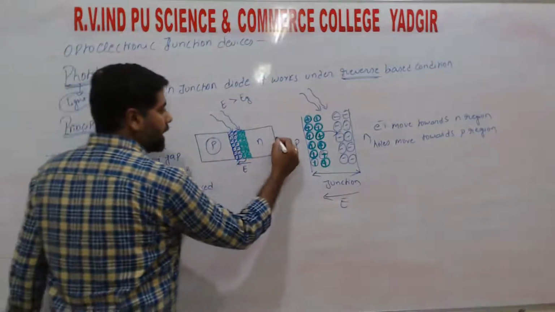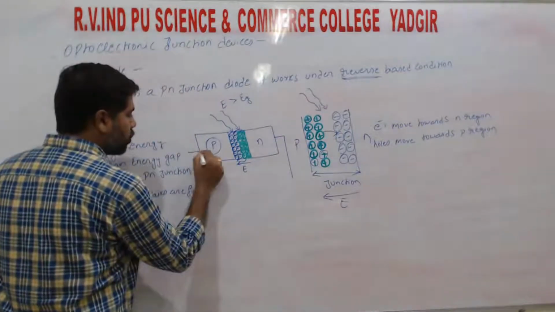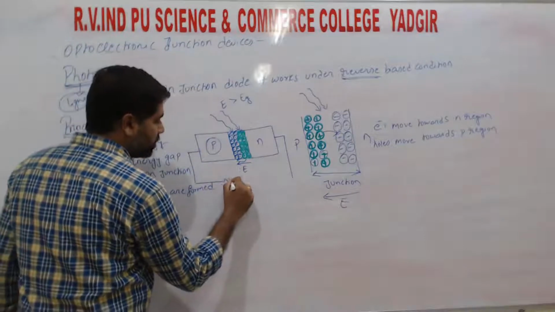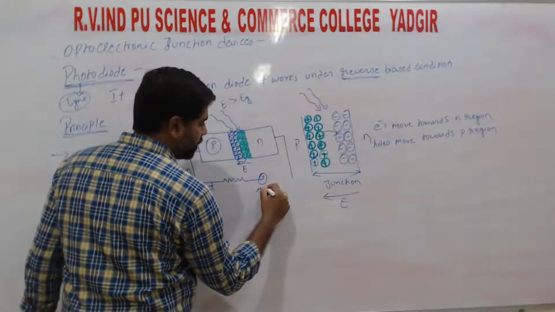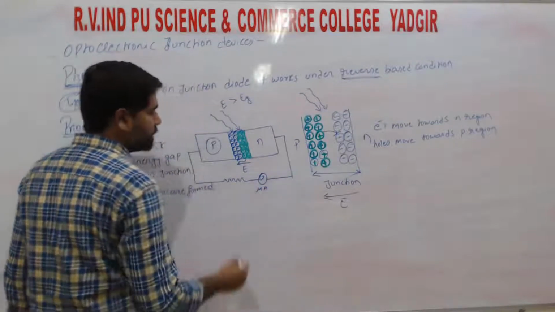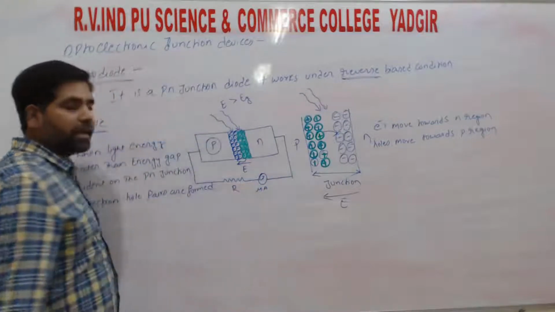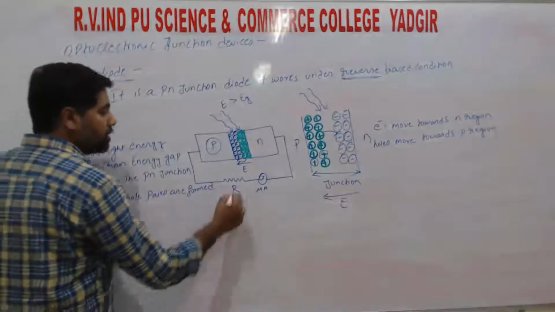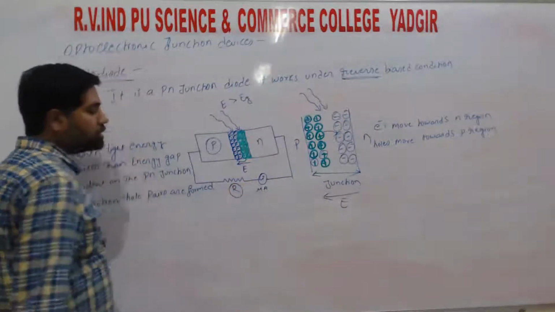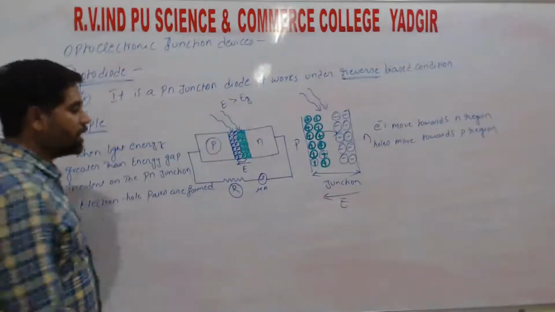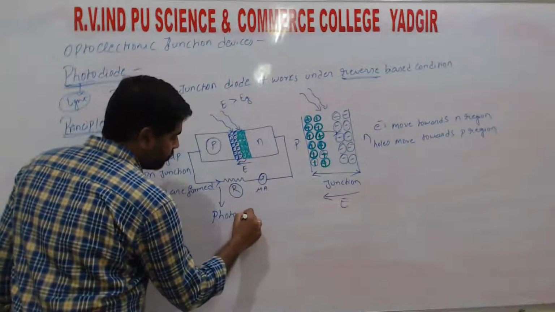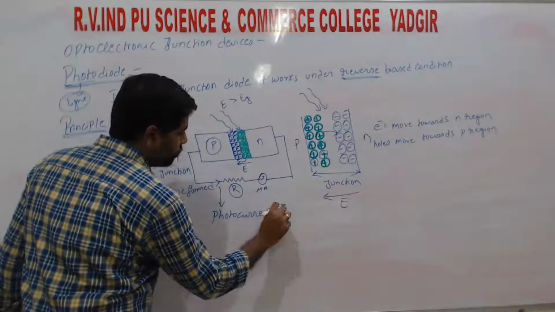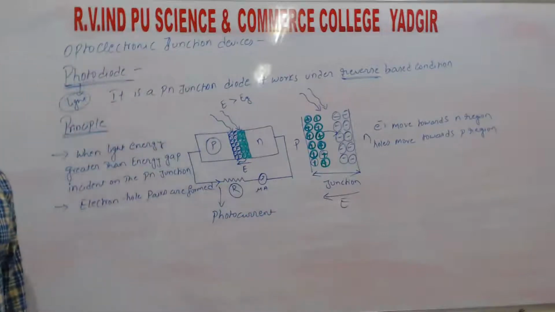So when the external resistance is connected across this semiconductor, this one is the resistor, and here we have the current in microamperes, right? So this one is the external resistance, and the current will flow across the resistor. That we call photo current, right?